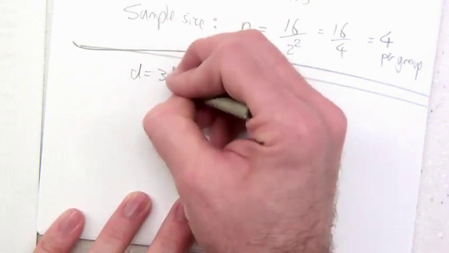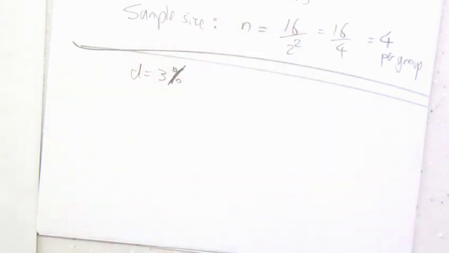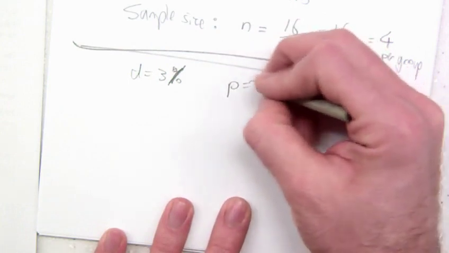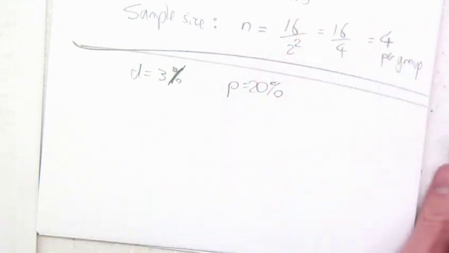Maybe one group is 20% yes, and the other group is 23% yes. And what if I thought that on average it was going to be about 20%? Maybe in the grand population, 20% of people have this condition, and I want to see if I can make a difference to that, so I want to get it down to 17% in my treatment group. That's the idea behind it.